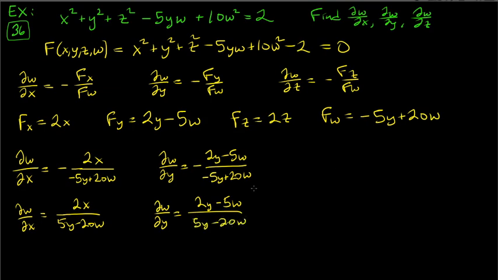There we go. Let's see, can we, I don't think we can. If we factor out the 5 here, we get y minus 4w. Nothing cancels, so why bother?